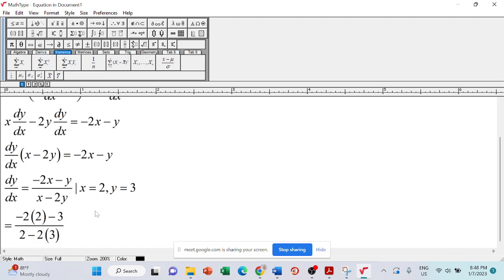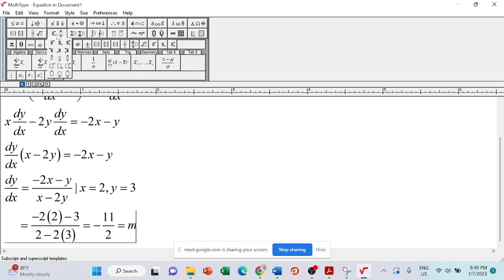Can you give me the final answer for this gradient? Negative 11.5. That means negative 11 over 2? Is it? Did you get the same number, Sharulata?